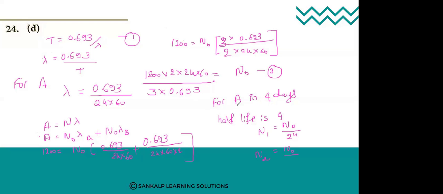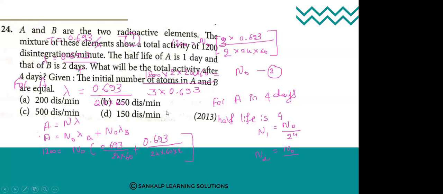For A particle, in 4 days they are asking. Here in the question, see what is specified. The half-life of A is 1 day, and in 4 days they are asking, so 4 into 1 will be 4 half-lives.